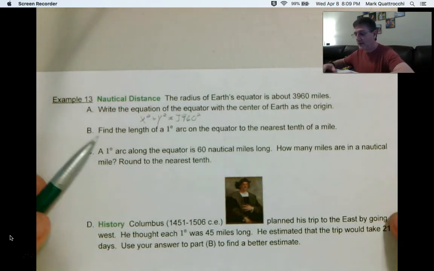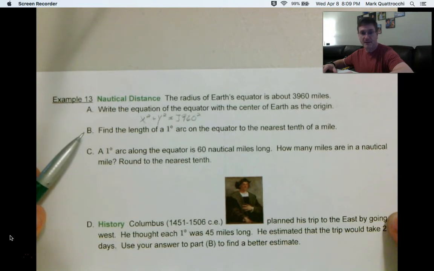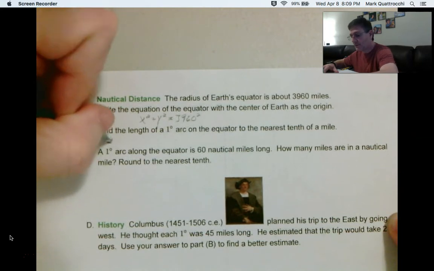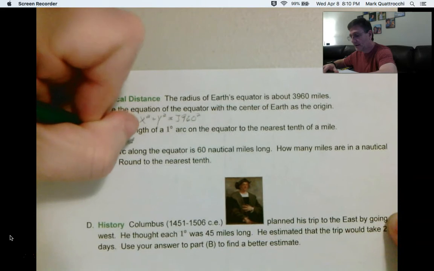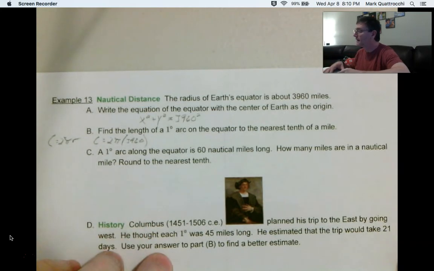To do that, we need to know the circumference of the equator, and then just divide that by 360 degrees to find out what 1 degree is. So circumference equals 2 pi r. Circumference equals 2 times pi times 3960, which is about 24,881.4138 miles.